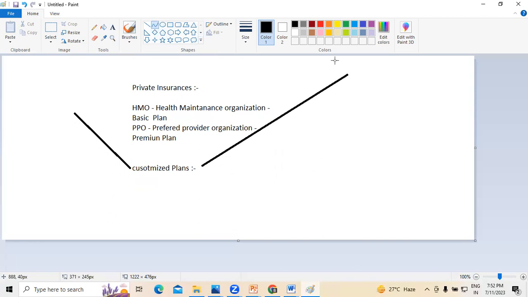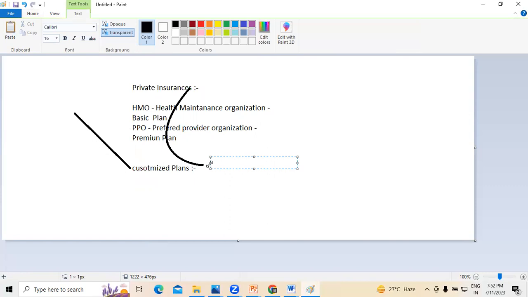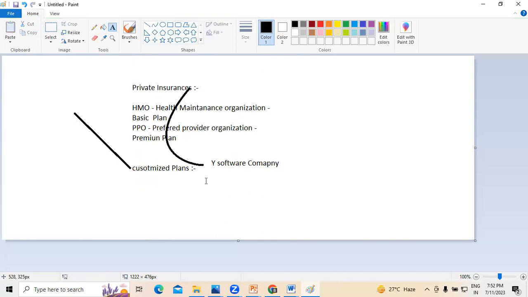For these customized plans, what does this organization do? It will meet the private insurance company. Who will meet the private insurance companies? Y organization, the Y software company. What will they do? They will meet the private insurance company.